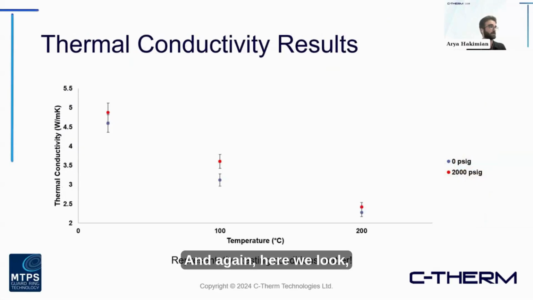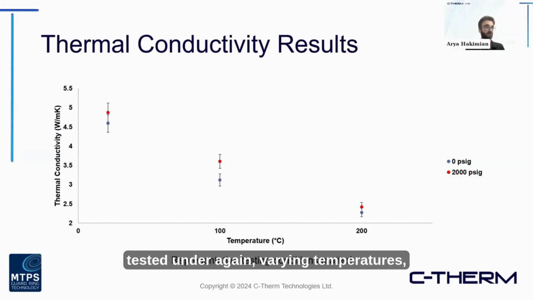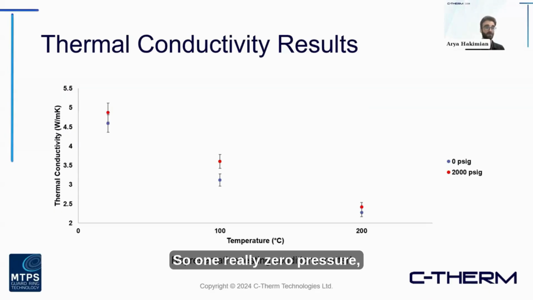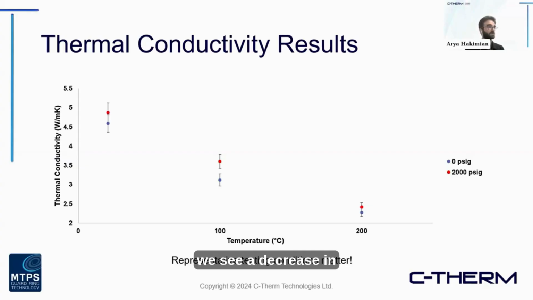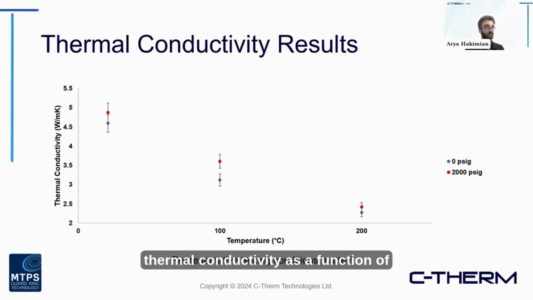And again, here we're looking at a sample that was tested under varying temperatures, but the same material tested under two different pressure conditions. So one really zero pressure, call it your ambient conditions, and then under 2000 PSI. So again, just looking at the trend overall, regardless of the pressure condition, we see a decreasing thermal conductivity as a function of temperature.